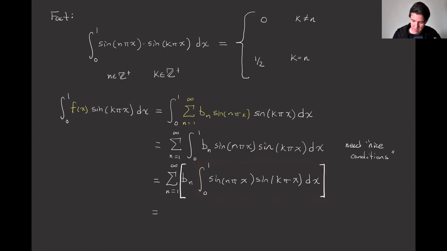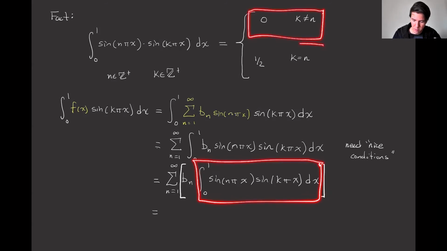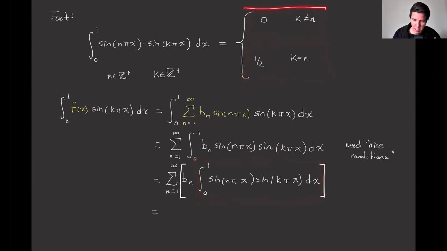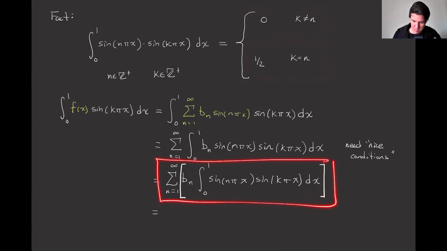If you use the fact from above, each one of these, you're going to get either 0 or 1/2. That's because up here, you either get 0 or you get 1/2. You get 0 almost always. So in every case where k is not equal to n, you get 0. That means, as far as the series is concerned, the only place you're not going to get 0 is with exactly one term.